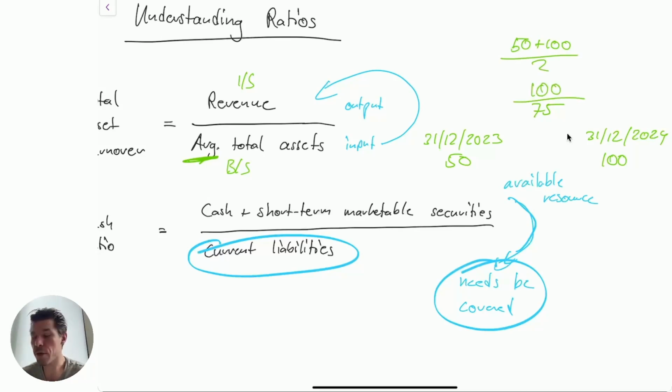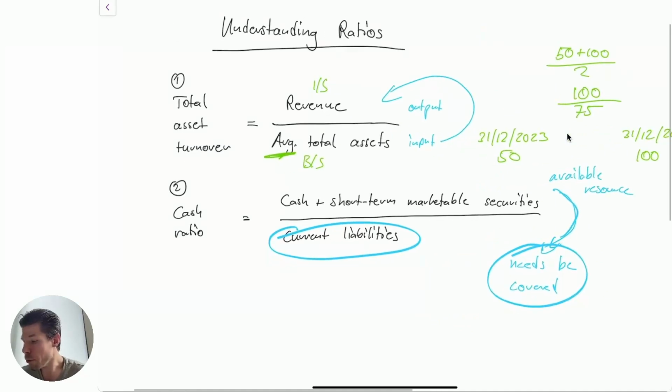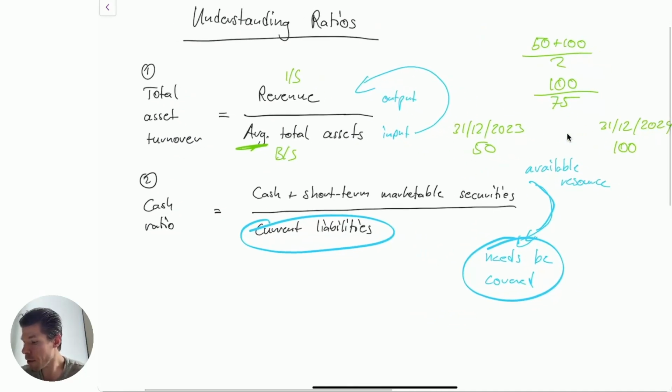Revenue is over a period of time, no problem. We don't have the problem here because these are all balance sheet items. So here, for sure, we use the same balance sheet to create those ratios.